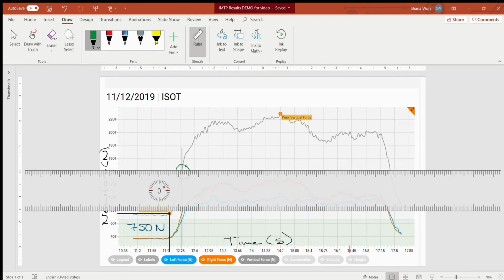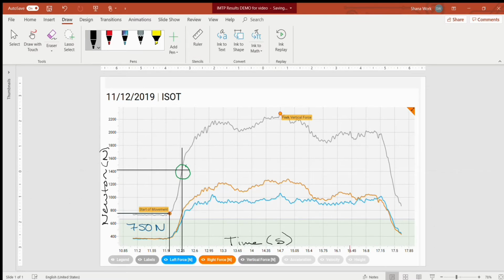Once more, we draw a horizontal line to the y-axis, and that line appears to intersect at 1,420 newtons. Once more, we need to obtain the net force here as opposed to the absolute 1,420 newtons. So we're going to do 1,420 minus 750, which gives us 670 newtons at 250 milliseconds.